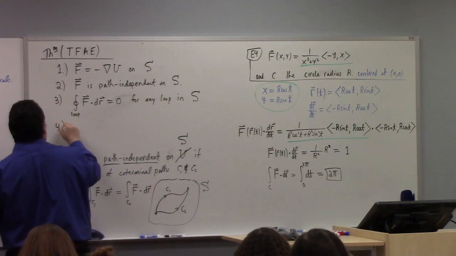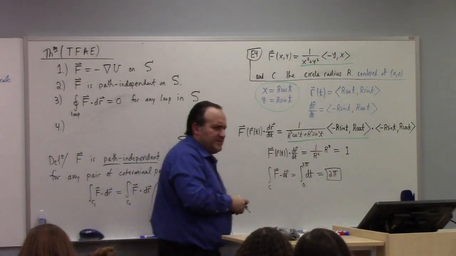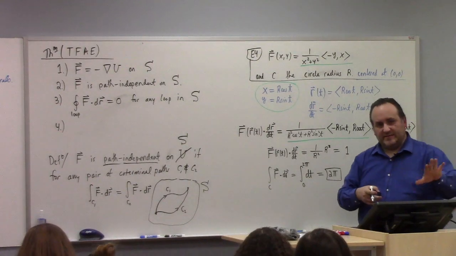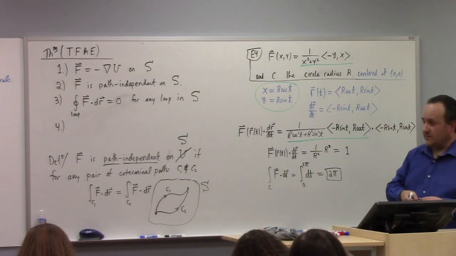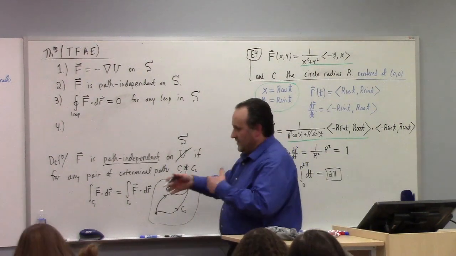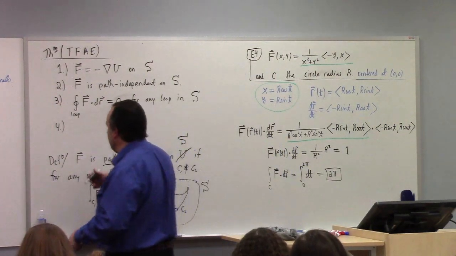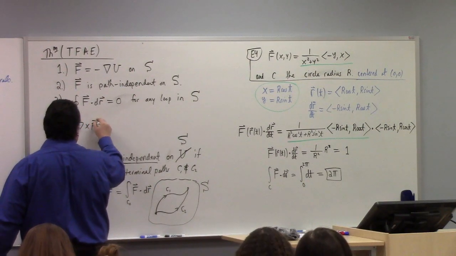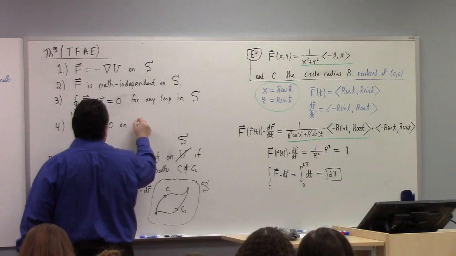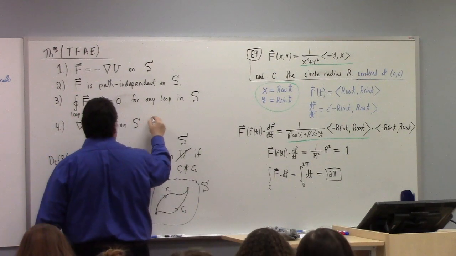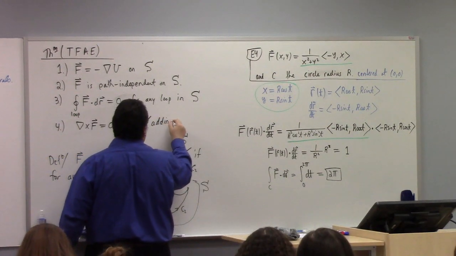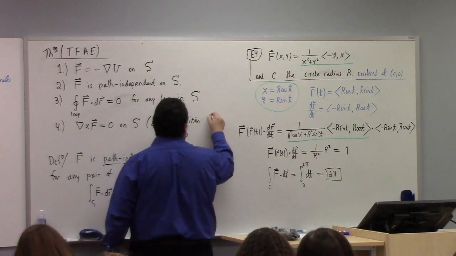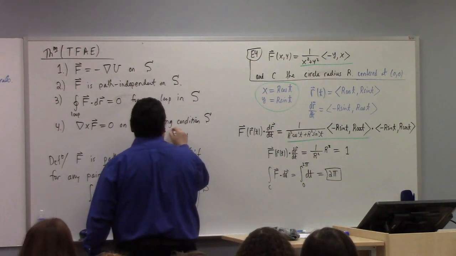And 4 is something I'm going to mention, but I wouldn't test on this because this is genuinely calculus 3. We don't really need it, but for the sake of completeness, the curl of F is equal to 0 on S, adding the condition that S is simply connected.